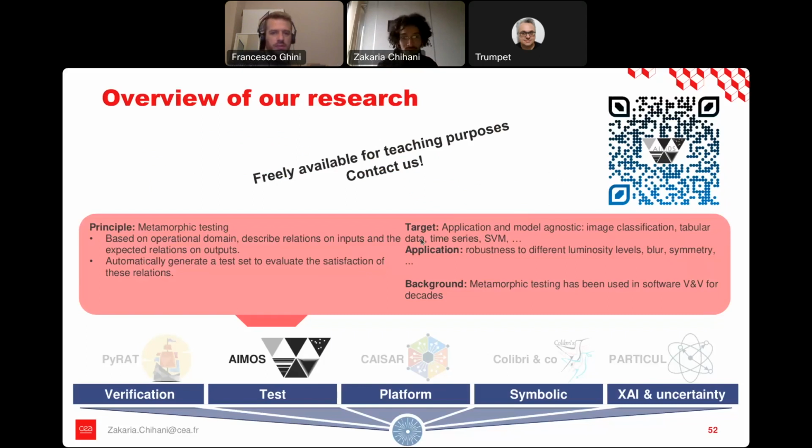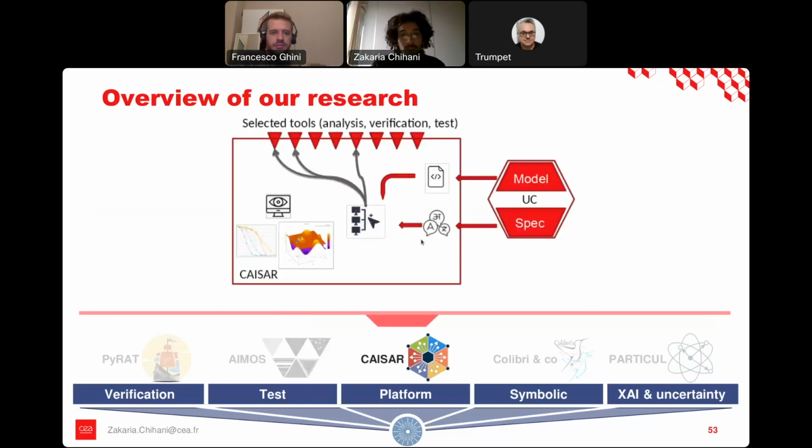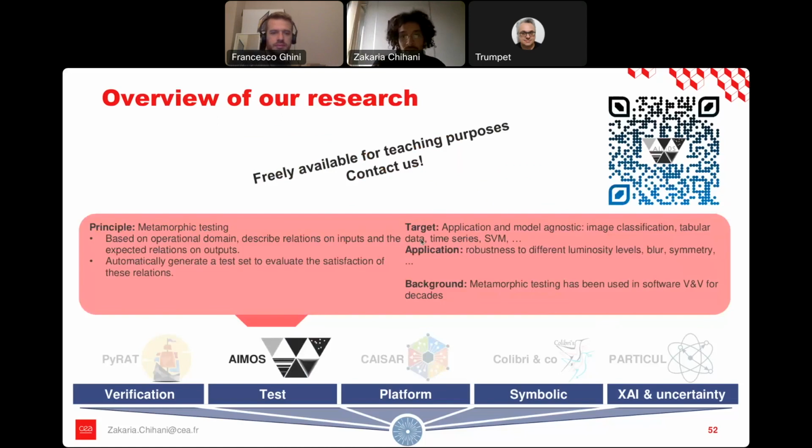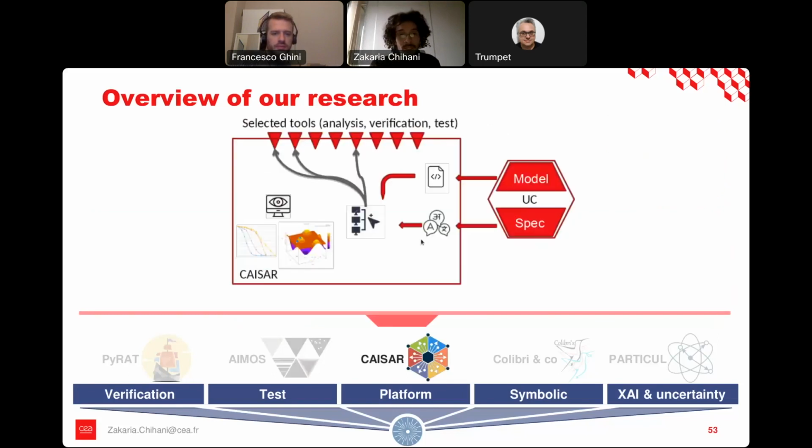So even for students at the level of Masters 1, that should be fine. Oh, and the QR code leads you to a demo that should be working even if all of you get on it at the same time. But we're working on a more efficient server to put the demo on.